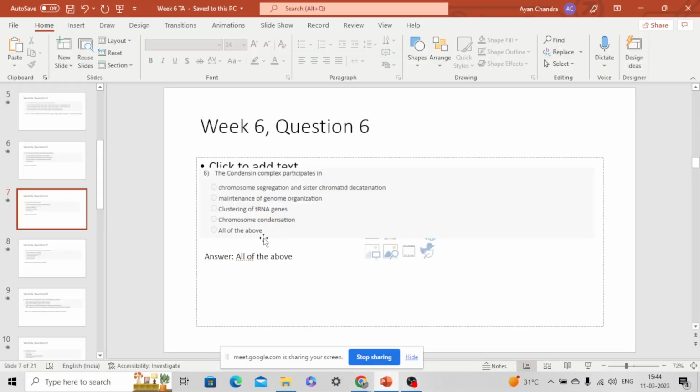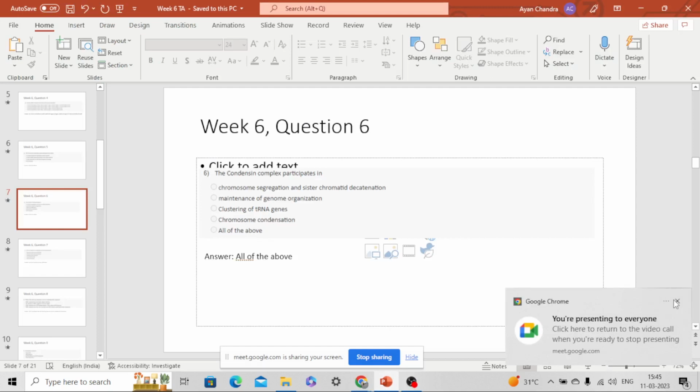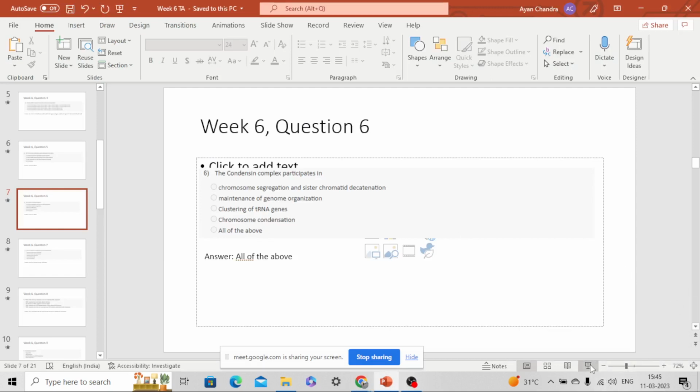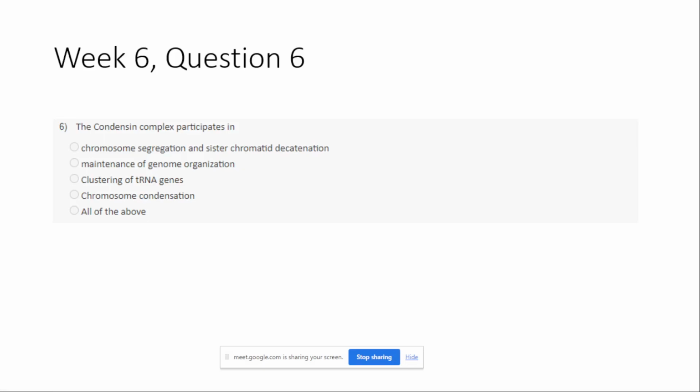So the third option is clustering of tRNA genes. This is also true. Why? Especially if we consider the budding yeast scenario, there are several tRNA genes, but these tRNA genes are located in different chromosomes, right?